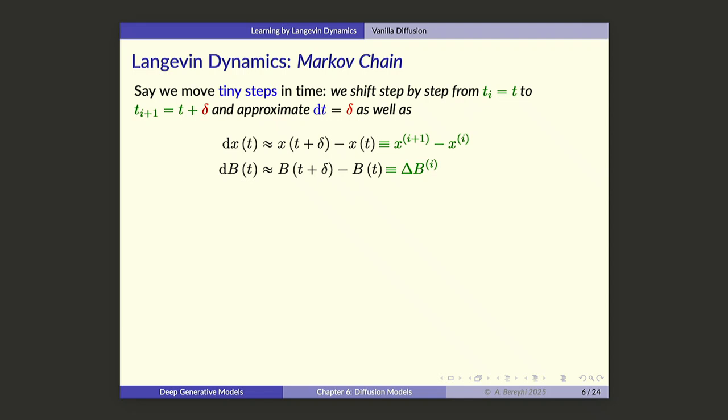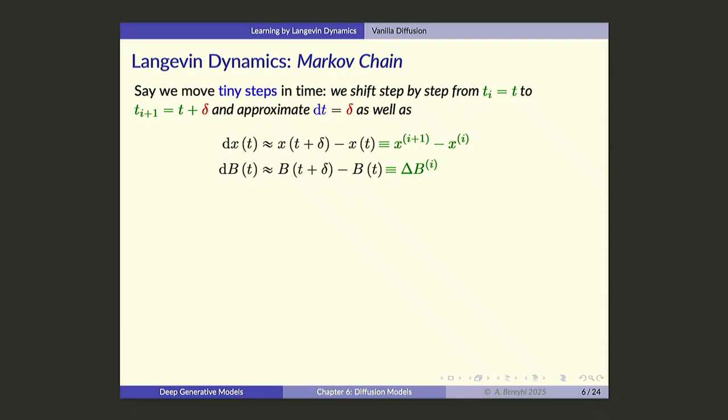Same thing for the Brownian motion, right? I'm going to say where the Brownian process is at time ti. It's going to be B of t, and then where it's going to be at time t plus delta, it's going to be B of t plus delta, right? Now, looking at this delta term, okay, what is the distribution of this?